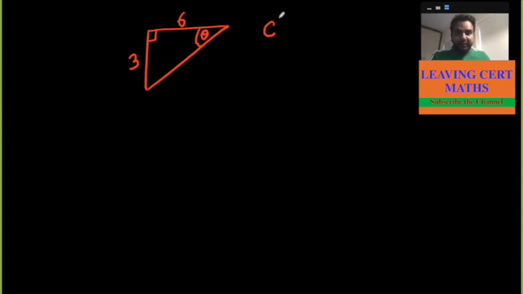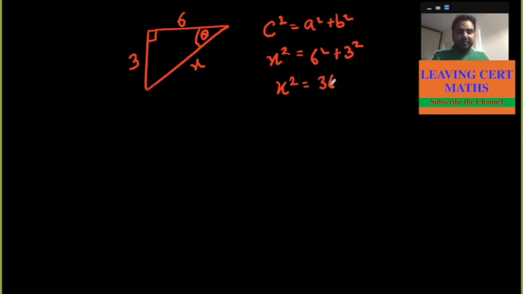So first what you have done is c square is equal to a square plus b square, right? Then you have done c is your x, right? 3 square plus 6, it doesn't matter. So 36 plus 9, right?